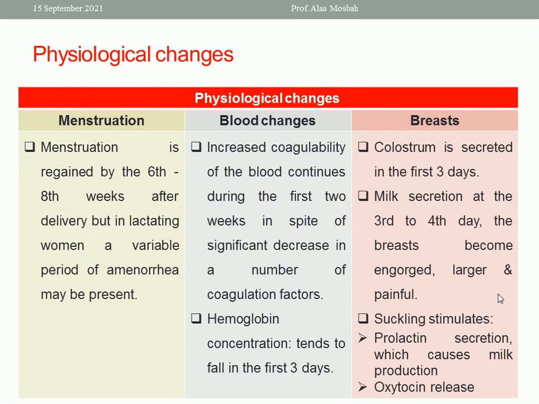As we said before, suckling stimulates oxytocin release, which helps in ejection of milk, and also stimulates prolactin secretion, which causes milk production. And we know that prolactin is secreted from the anterior pituitary, while the oxytocin is secreted from the posterior pituitary.